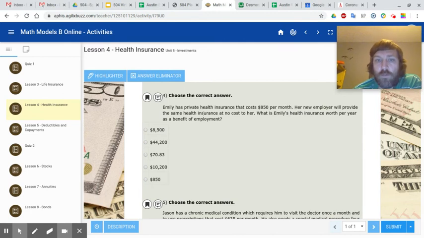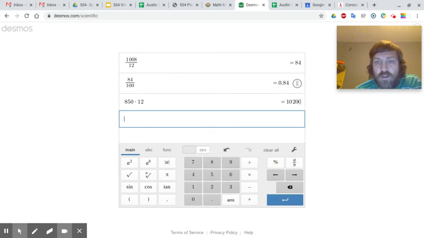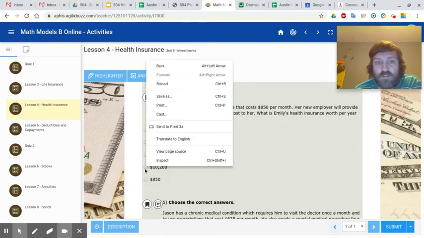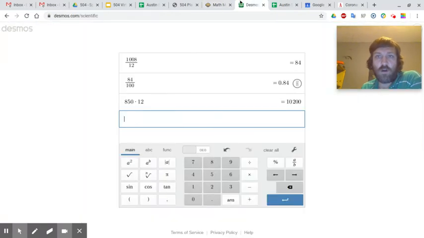Her new employer provides it for free, so whatever that number times 12 is, that's how much value she's getting. She's not responsible for it financially, so the benefit is worth $10,200 to her, because 850 times 12 is 10,200.